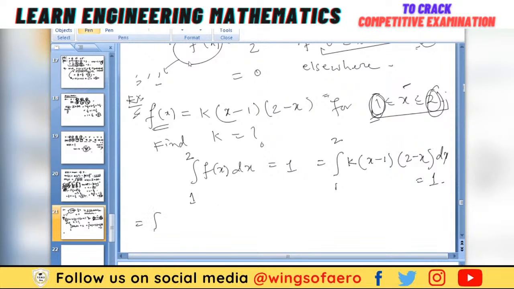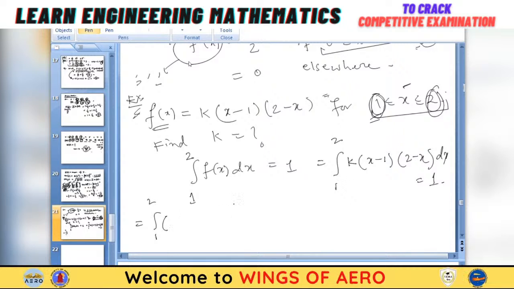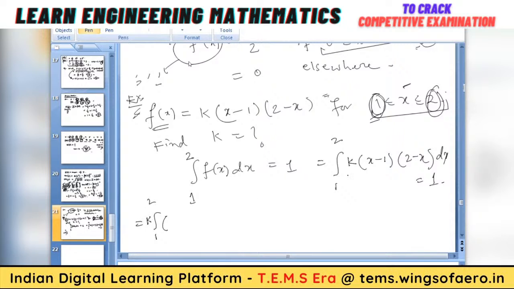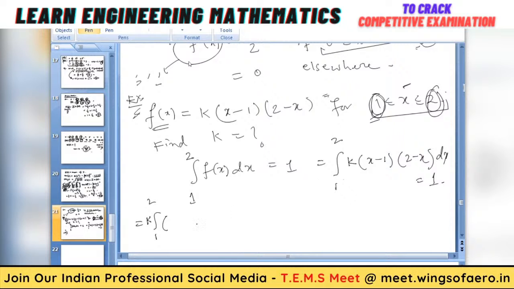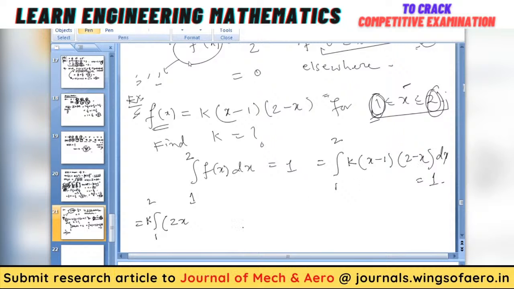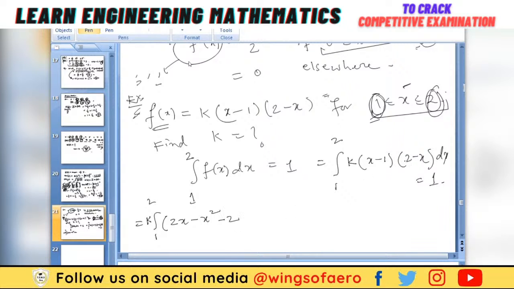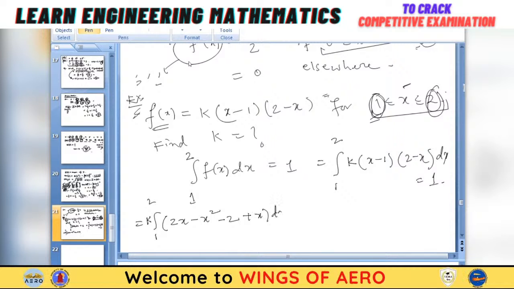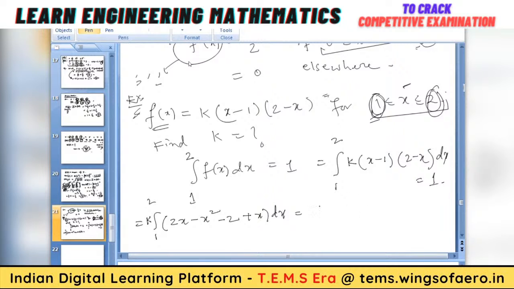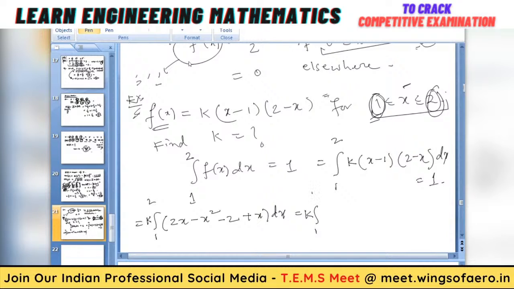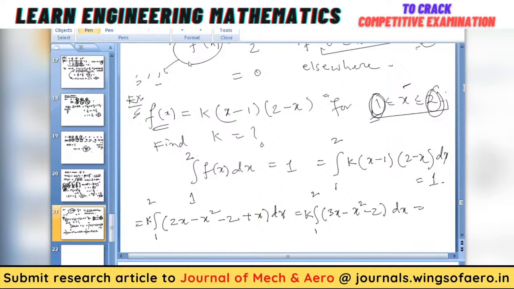So this is equal to the integration from 1 to 2. Since k is a constant term, we can take it outside. So x minus 1 times 2 minus x gives 2x minus x square minus 2 plus x, so k into 3x minus x square minus 2, dx is equal to 1.